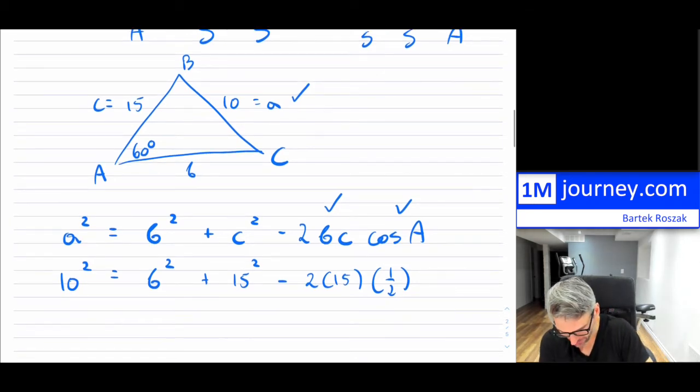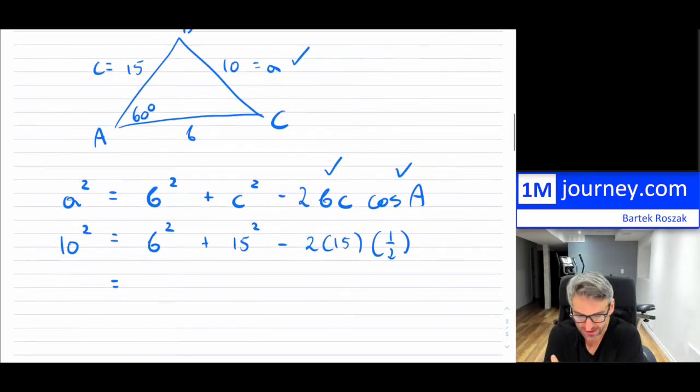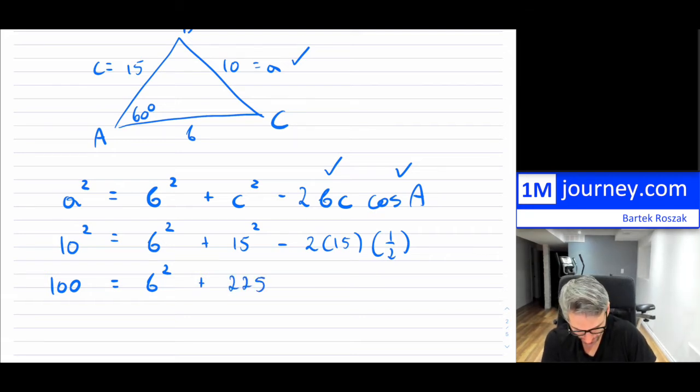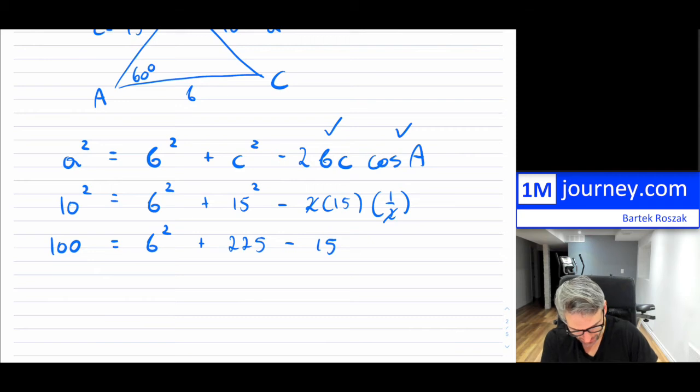And so now simplifying this, let's see what this will lead to. So I have 100, and this is b squared plus 15 squared, which is 225. And then minus, the half will cancel that out, minus 15, and let's not forget the b right there. So I have that.